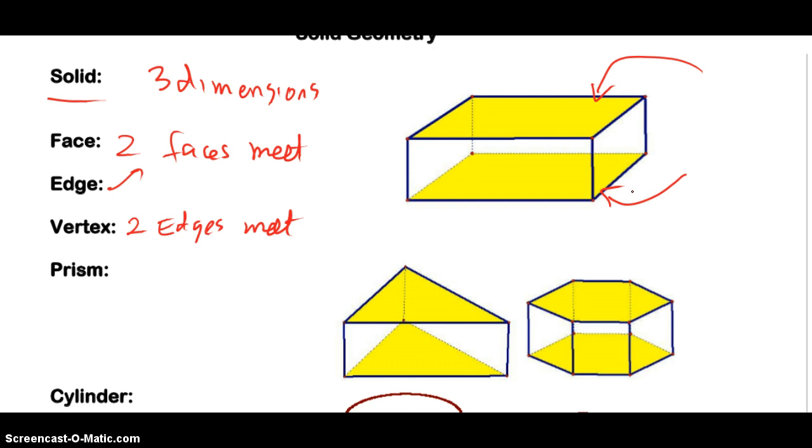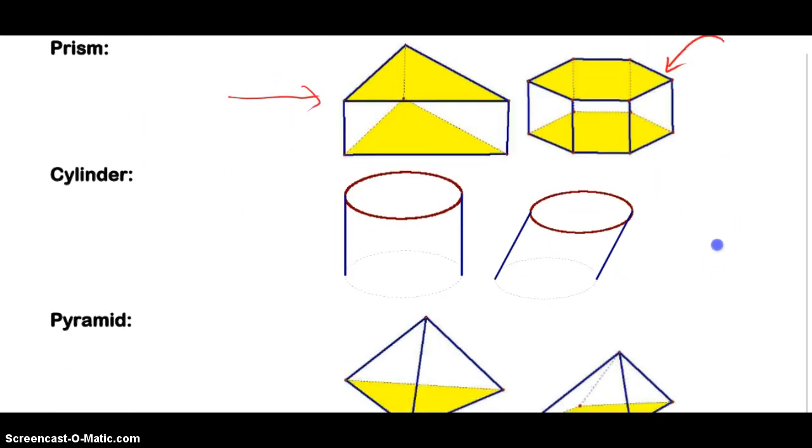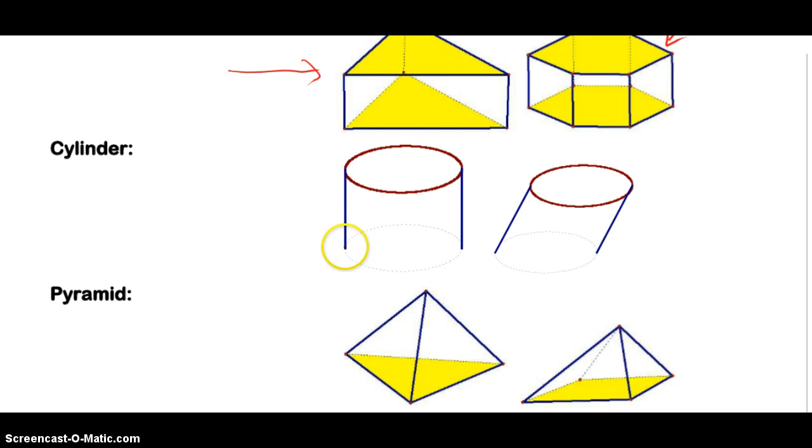And that's what makes a prism. We have the same thing here. If you look at the yellow shapes in that triangular prism, they are parallel and congruent. Same right here in this hexagonal prism. 2 parallel congruent faces.